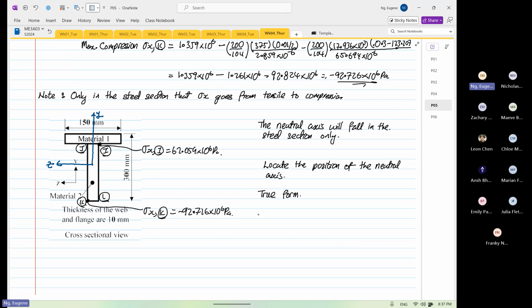It has stress x is equal to, now the axial load is always 1.359, so this is 1.359 times 10 to the power 6.